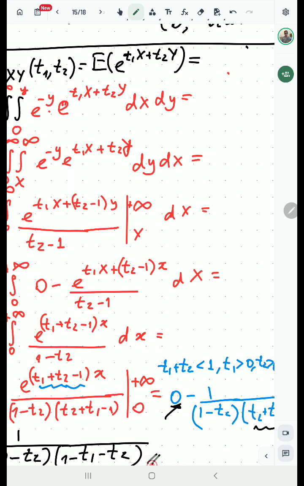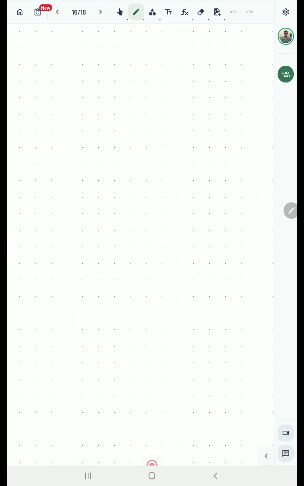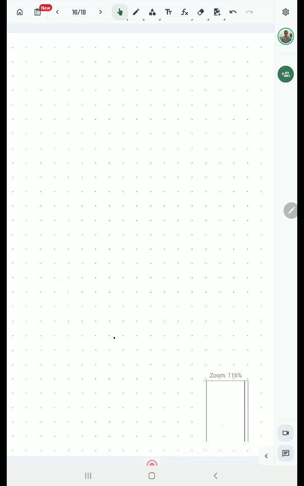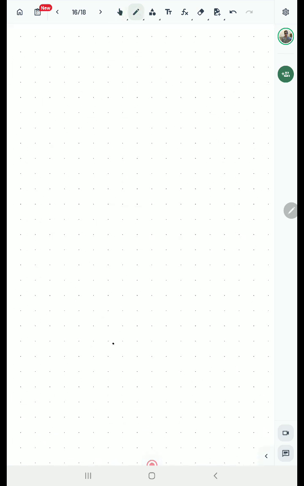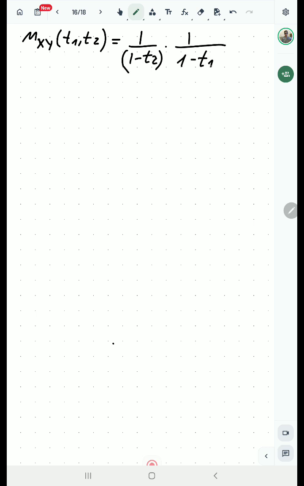So here we have our joint moment generating function, which is 1 over 1 minus t2 times 1 over 1 minus t1 minus t2.